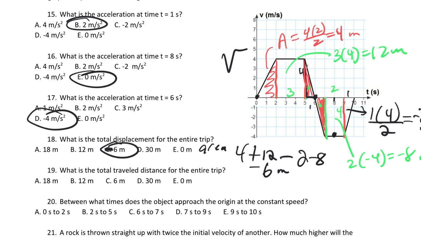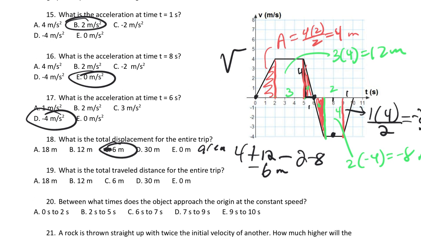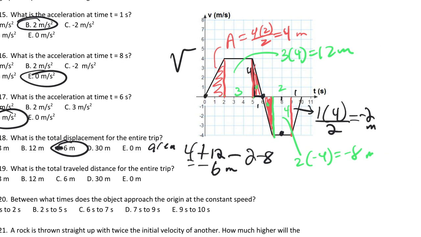That's my answer. What is the total travel distance? Well, for total travel distance, you add them all without including the negative signs. So that'd be 4 plus 12 plus 2 plus 8 is 10. So that comes out to 36.